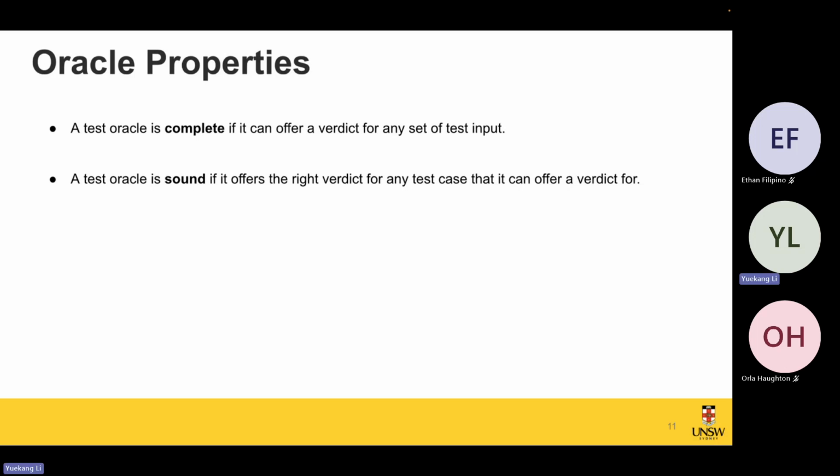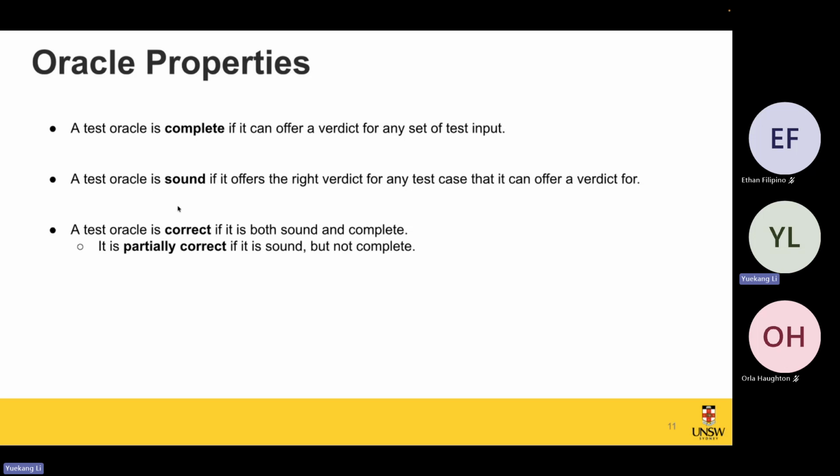So we can imagine that checking whether a function is crashing or not is a complete test oracle, and it's also a sound oracle, right? Because if a program crashes, then there must be something wrong with the program. So it's both sound and complete. We say a test oracle is correct if it is both sound and complete.